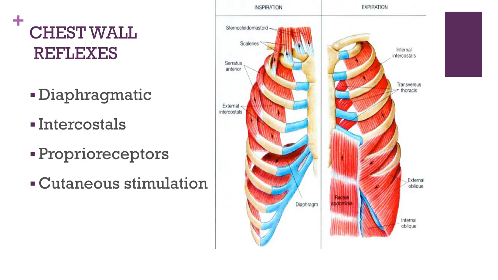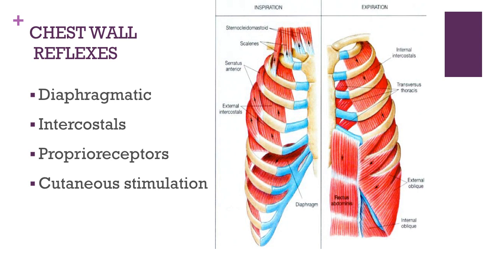We also have chest wall reflexes, diaphragmatic, intercostal, and proprioceptors, which are sensing kind of positional sense. So the diaphragm, again, as we said, is innervated by the phrenic nerve, which is very sensitive to movement and to workload forces.